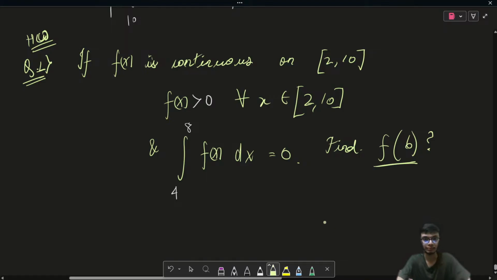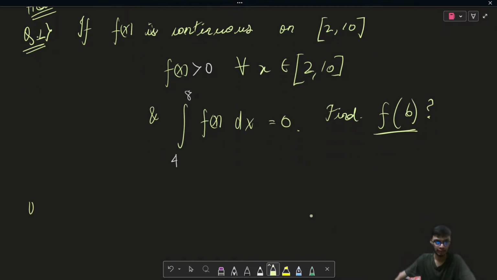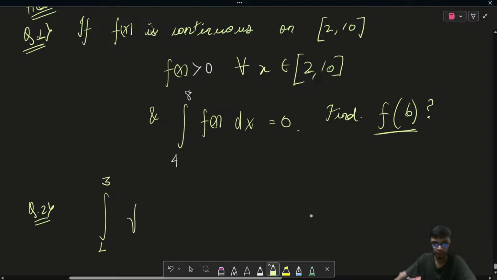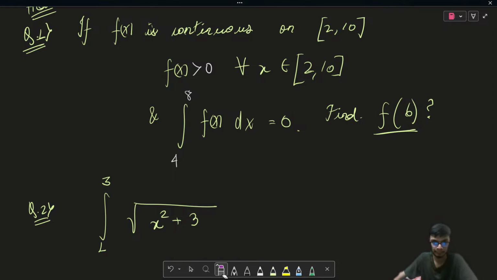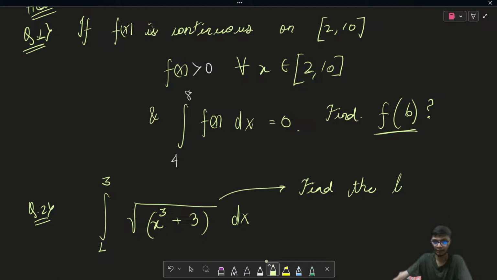The second problem is: if you have the integral going from 1 to 3 of the square root of x cube plus 3 dx, please try to find the bound of this integral.